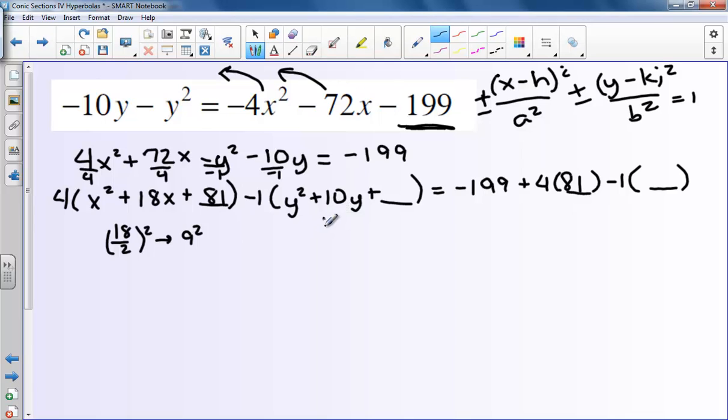Here my b is 10, so 10 over 2 squared, 5 squared. So I'm adding a negative 1 times 25 to both sides. And then we're going to factor.